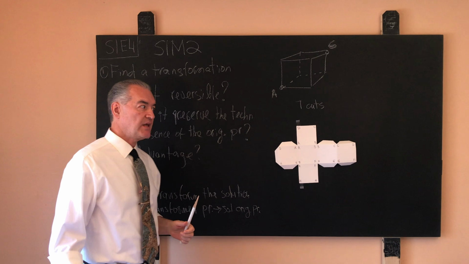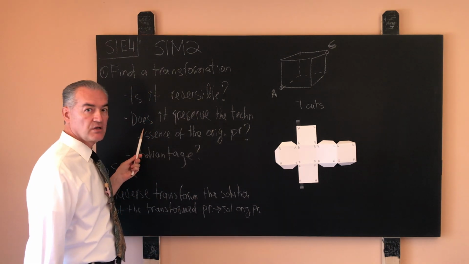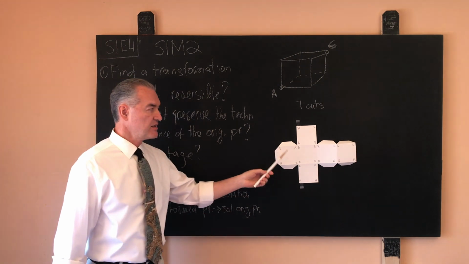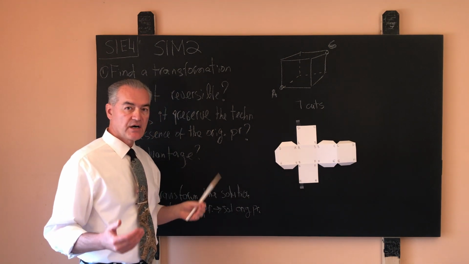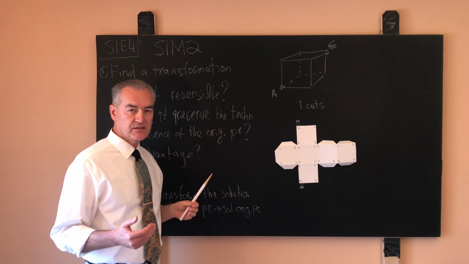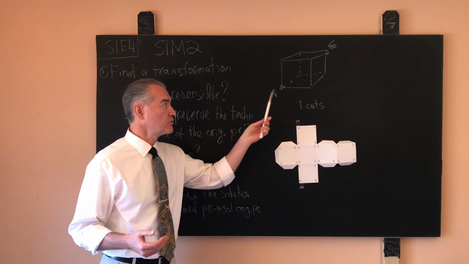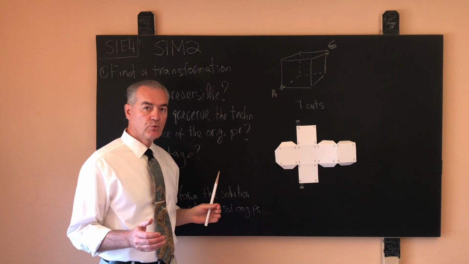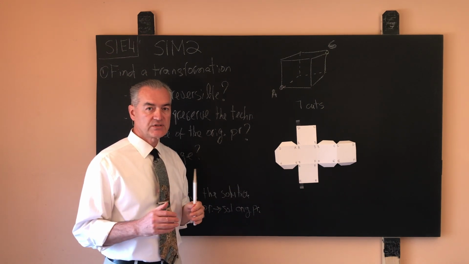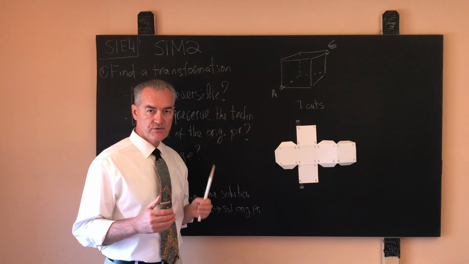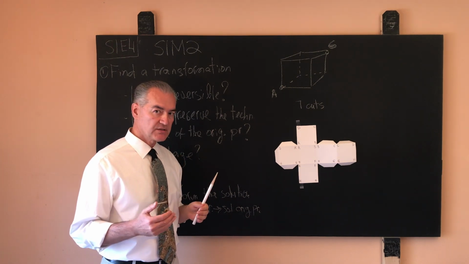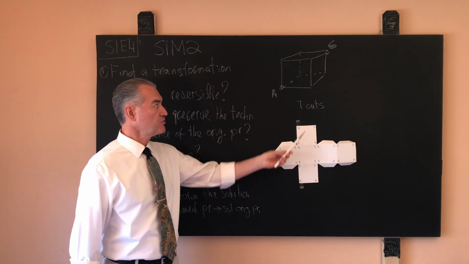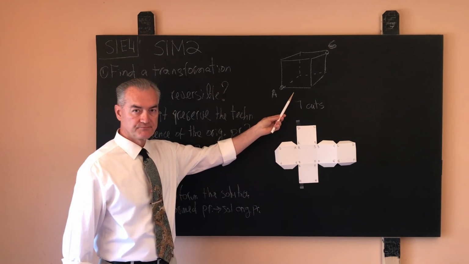Consequently, we can answer the second question in the positive because we claim that, yes, this particular net does preserve the technical essence of the original problem, because this particular net can be put together not only into just any good old three-space shape, but that particular net can be put back precisely into the original cube.